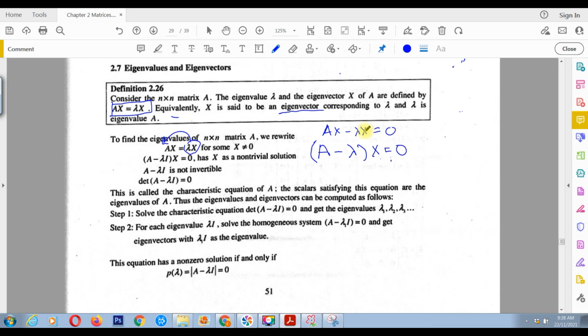We already know x cannot be 0. So this matrix times this matrix should be 0.